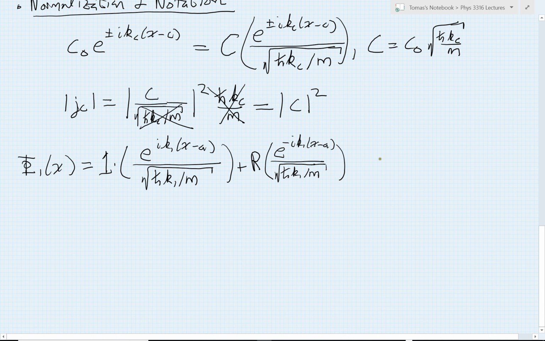And then I will have phi 2, which I will write again as a new factor, capital T, not a T naught, times then the corresponding transmitted wave e to the i k2 (x minus b) divided by the square root of h bar k2 divided by m, like so.